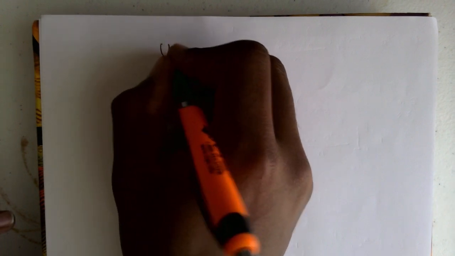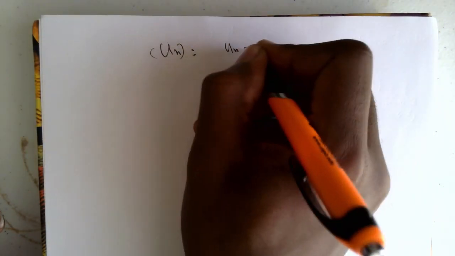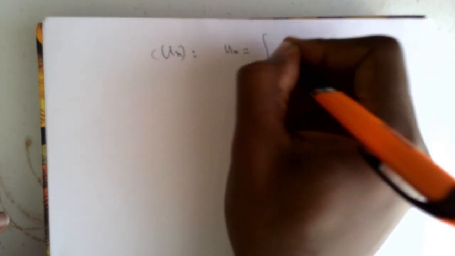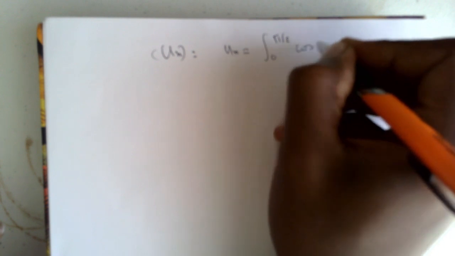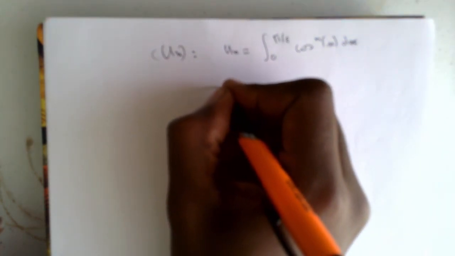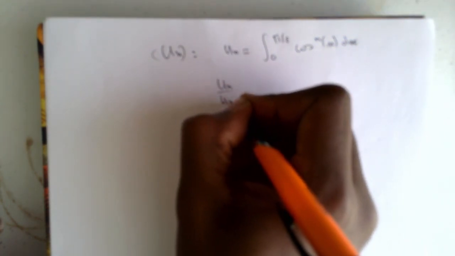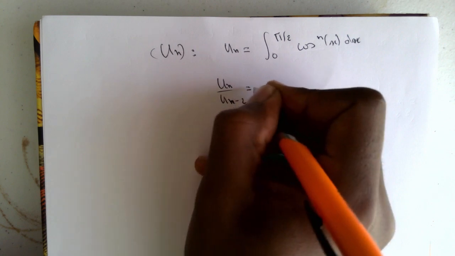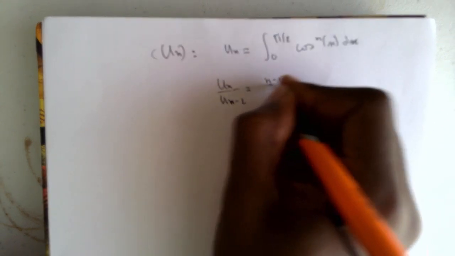So we defined the sequence u_n as the integral of cos to the power n, and we found that u_n over u_(n minus 2) equals n minus 1 over n.